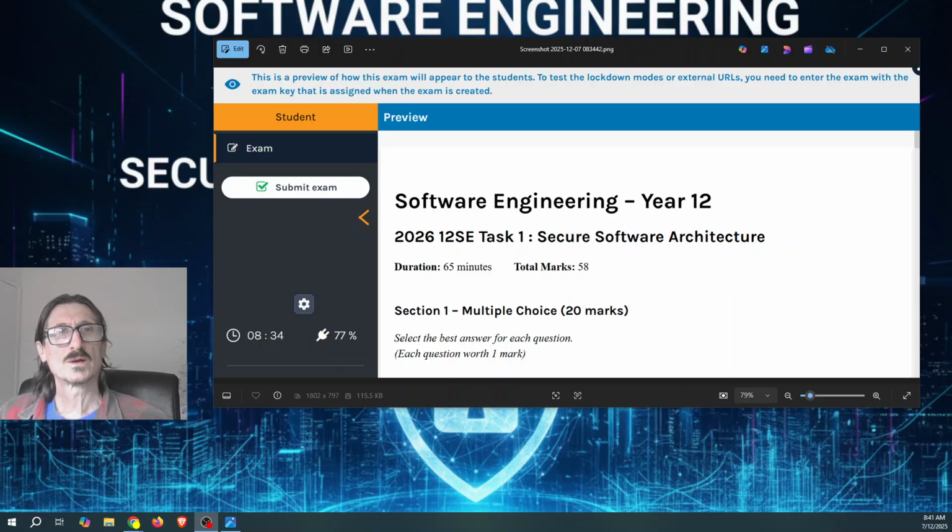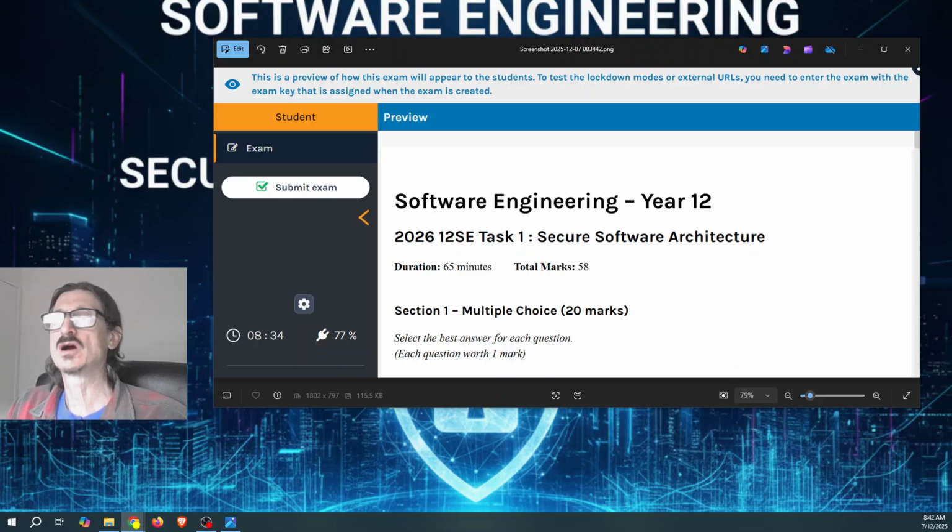I can't give you the term that the question asks for, but it's about timing and unpredictable results. So that's all I can really say on that one. There's an SQL injection question. There you go. That's a pretty good tip.